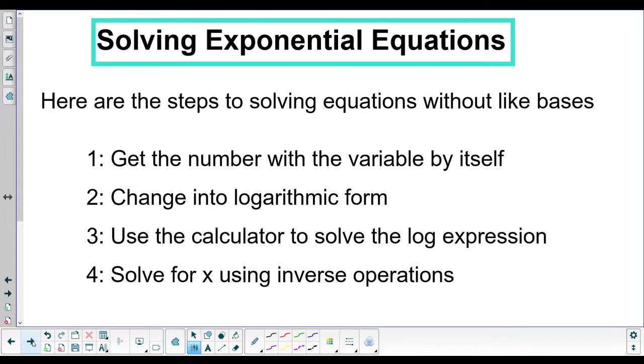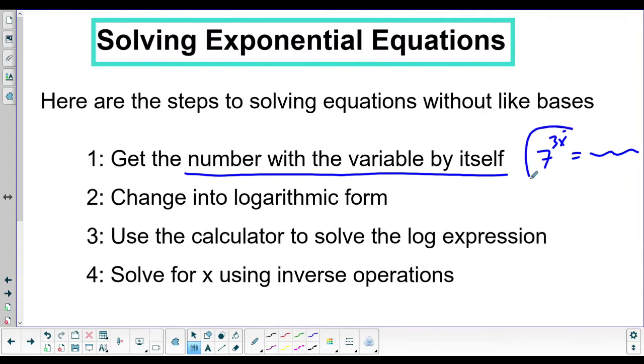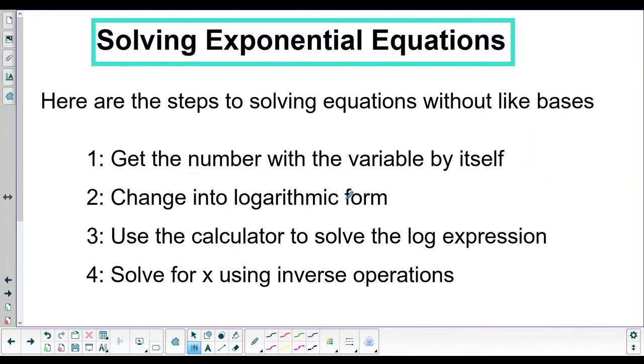So here is a list of steps that you can follow that will help you solve those problems. The very first step is get the number with the variable by itself. What we want is like 7 to the power of whatever it is, 3x equals stuff. We want the base and the exponent with the variable in it isolated. Then change it into logarithmic form.